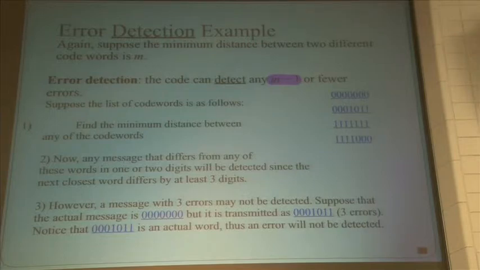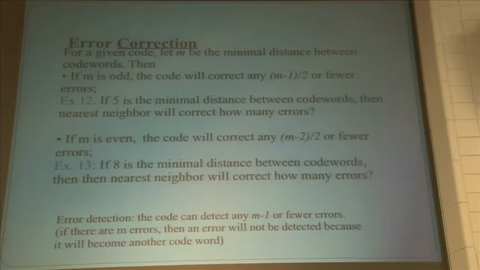If you meant to send the all zeros code, but it gets transmitted with 3 errors, look at the ones that got thrown in there. Those are 3 errors, yes, but if you look at our list, it's actually one of the words. So it automatically thinks, oh, you meant to send that word. So you won't catch that mistake.